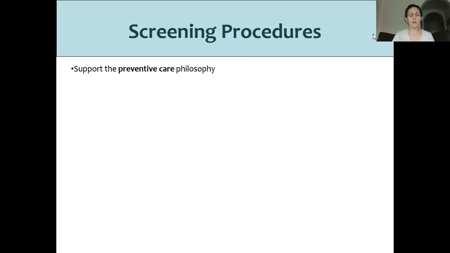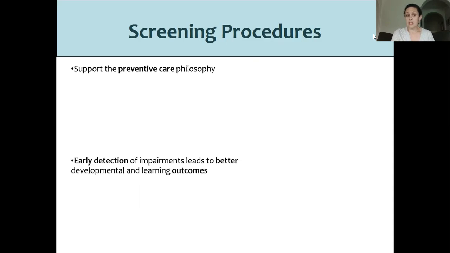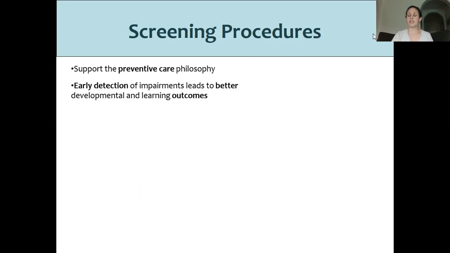And so that's really key, even when there's not a problem, to regularly have children have those checkups, because sometimes it leads to early detection, right? So early detection of any kind of impairment, and especially if we're thinking about the five senses, children rely so heavily on sight and hearing in those first few years of life to gain the cognitive skills that set them in place for future learning.